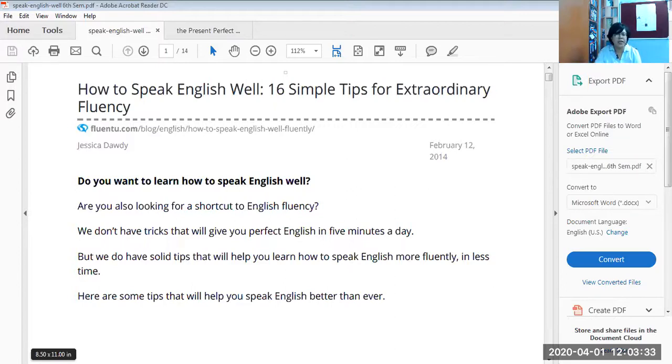What I do not say is what I have given in the assignment. In the assignment, I have given you two questions, and I want you to go online, do some search, and then come back and write the answers.